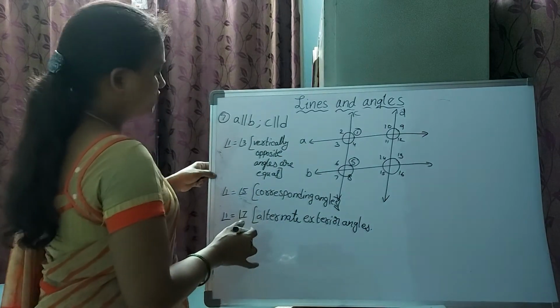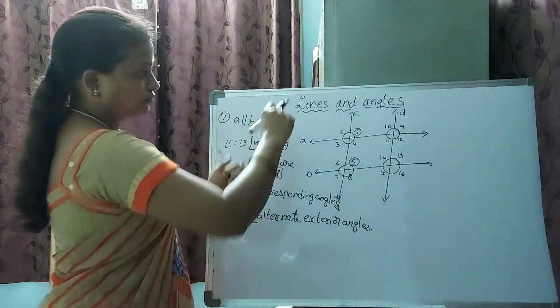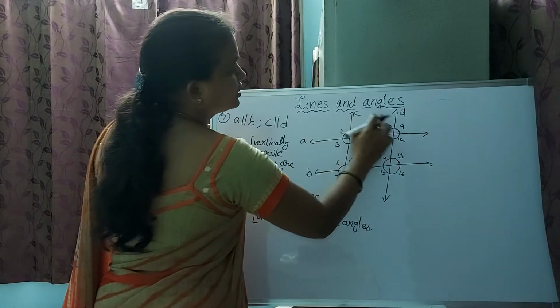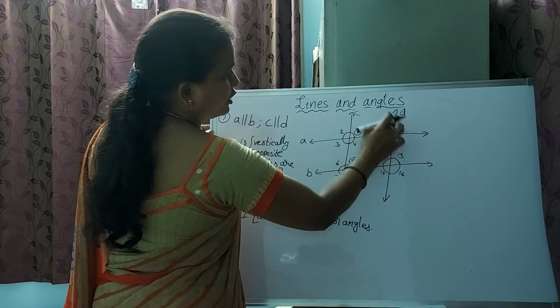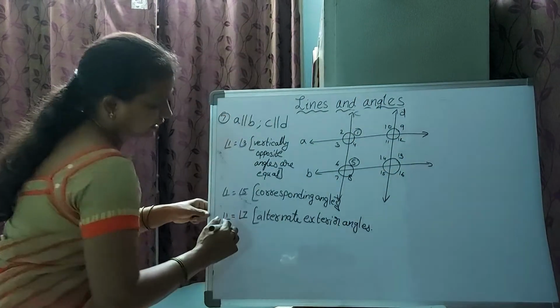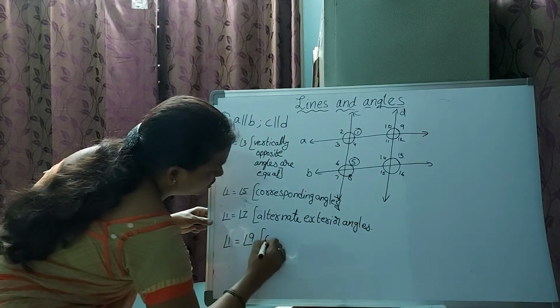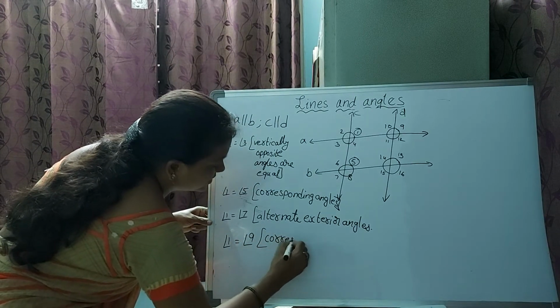Now we will see this side. If you turn the book like this, if C is parallel to D, then angle 1 is equal to angle 9 because corresponding angles.